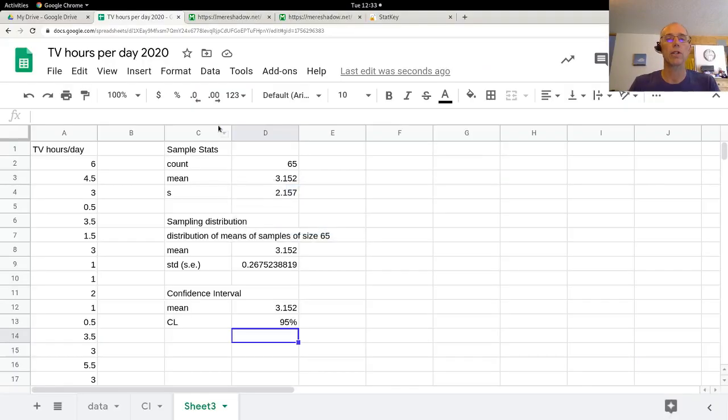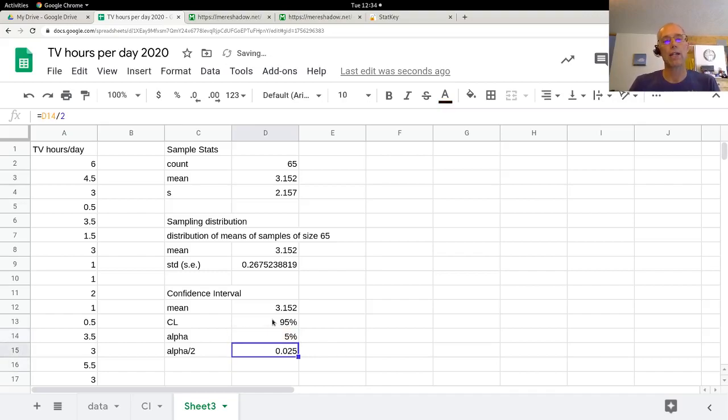So let's get alpha first. Alpha is always 1 minus the confidence level. And then alpha over 2, and we could grab the symbol alpha, but it's easier just to type the word alpha. So alpha over 2 would just be alpha over 2.